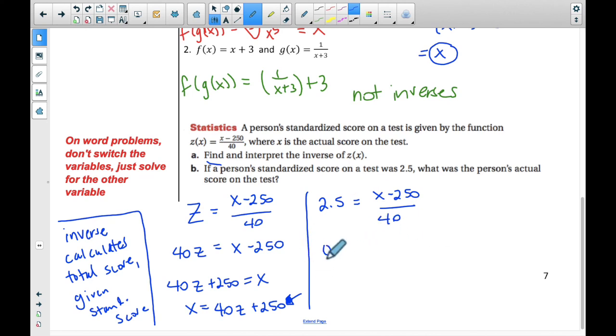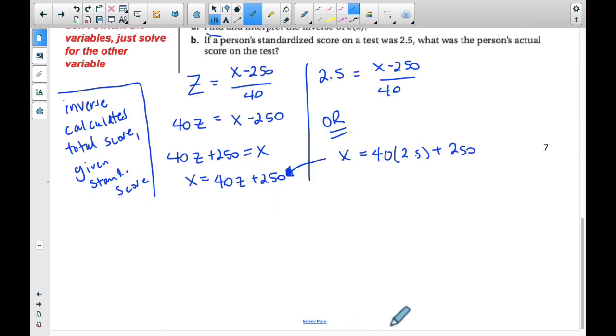But you could do it another way too, which is a little bit easier: you could solve using this equation. And you could say, okay, what is my x when they say I got a 2.5 on that test? So now you can solve for the other variable. And this way just is a little bit easier than going through all of this. That's all it does.